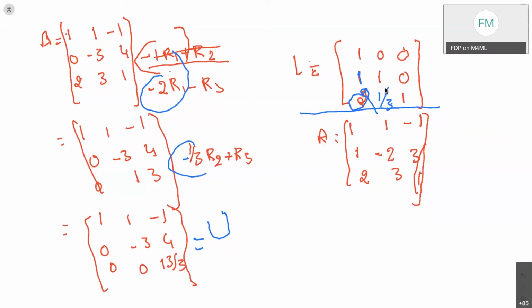Sir, can you repeat this step? Yeah, definitely. See here.